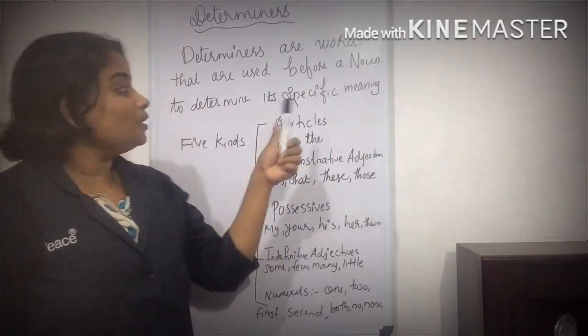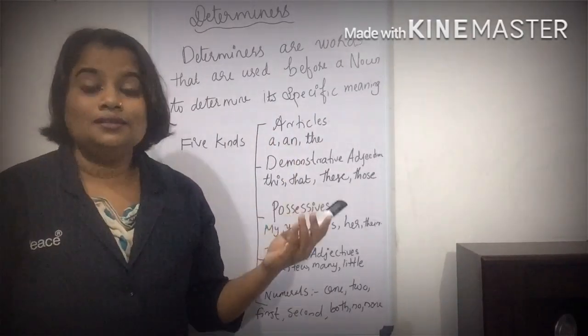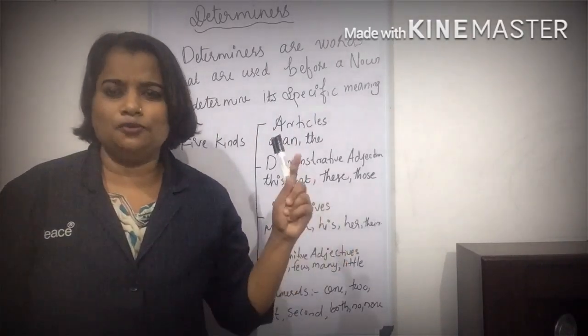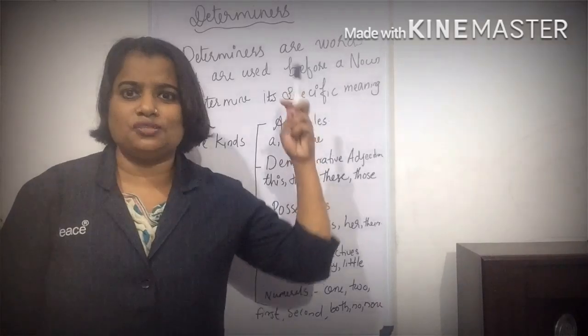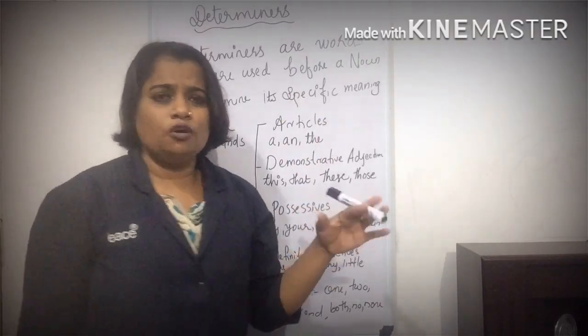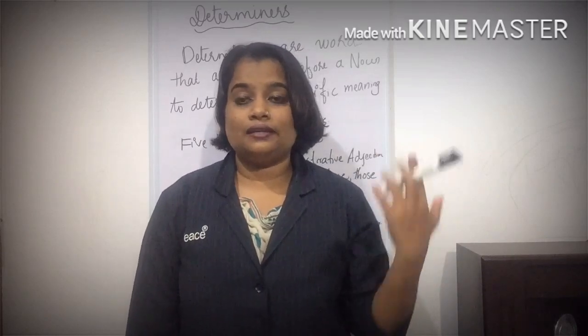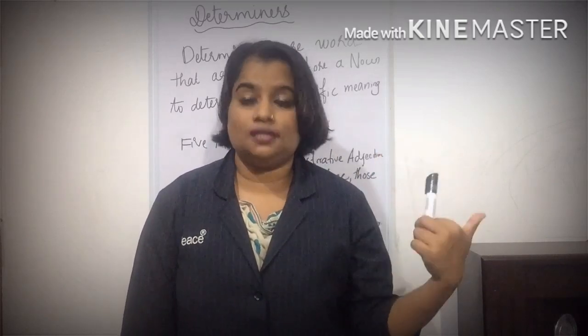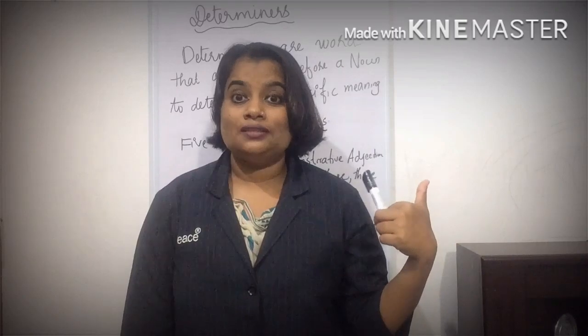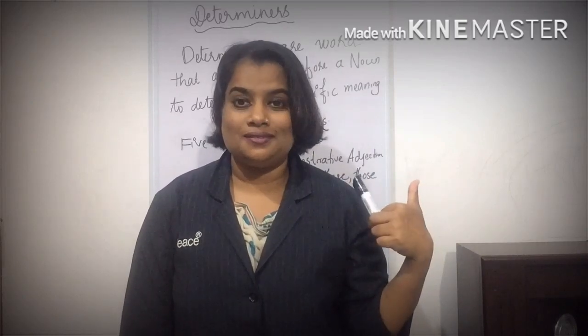Let us discuss the different kinds of determiners, then you will understand the difference between determiners and articles. Commonly most people think that determiners are the same as articles, but articles are a kind of determiner.